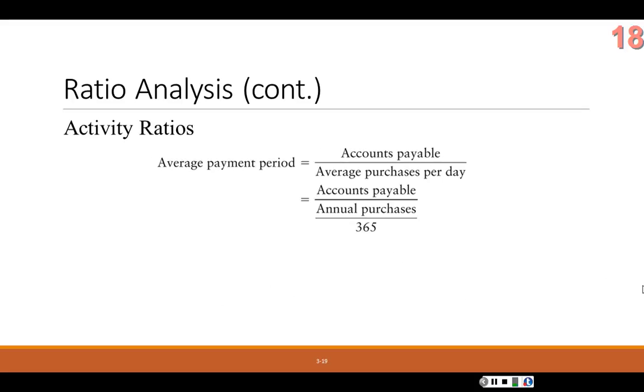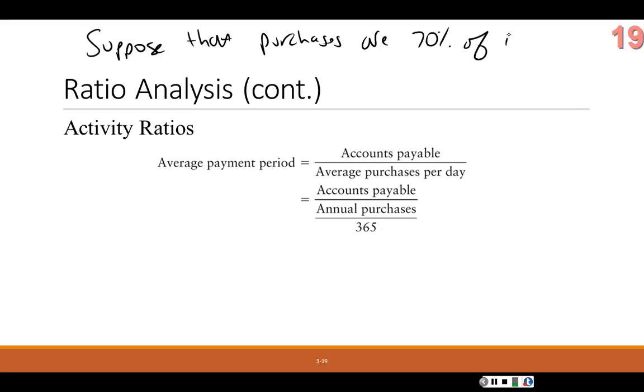Average payment period is equal to accounts payable over annual purchases. Annual purchases are not something that you'll find on the income statement or balance sheet, so you have to make assumptions. So we'll suppose that purchases are 70% of its cost of goods sold.